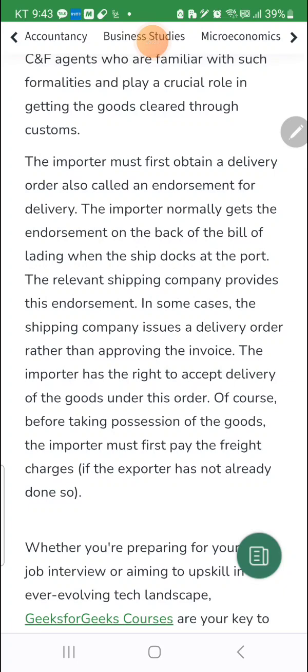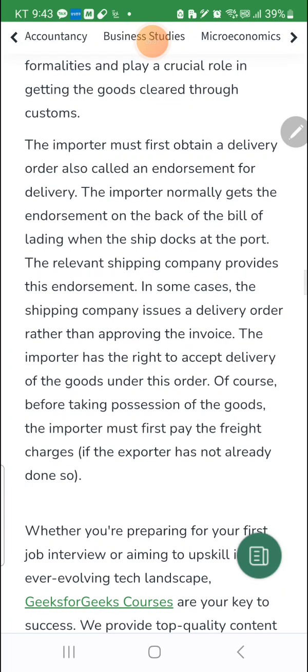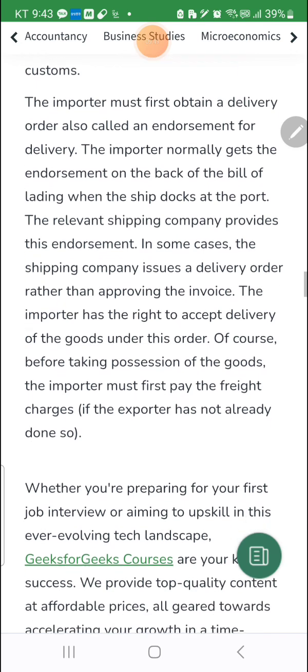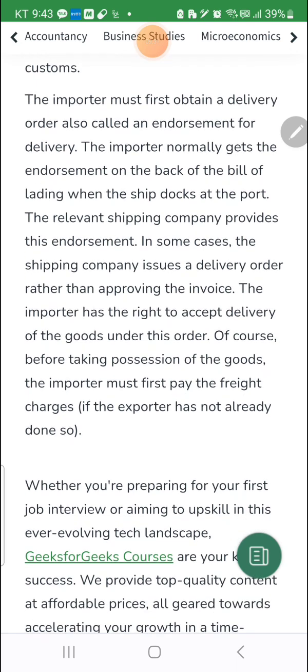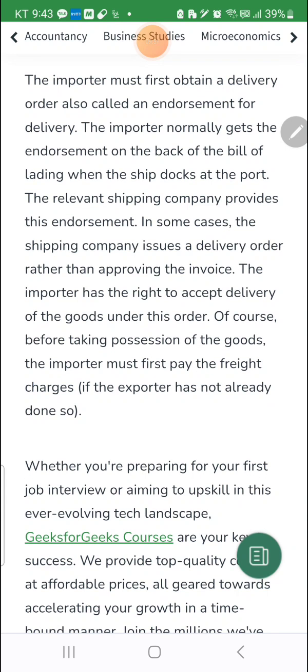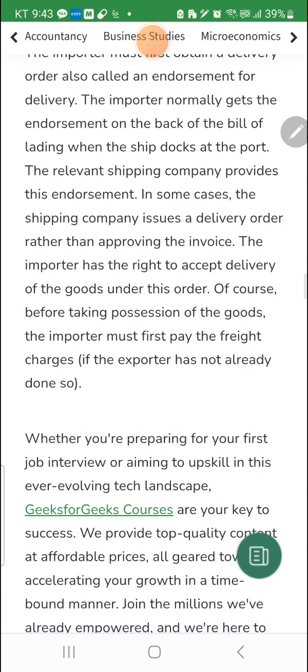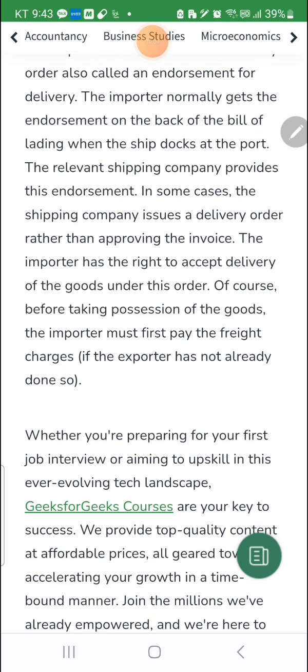The importer must first obtain a delivery order, also called an endorsement for delivery. The importer normally gets the endorsement on the back of the bill of lading when the ship docks at the airport. The relevant shipping company provides these endorsements.